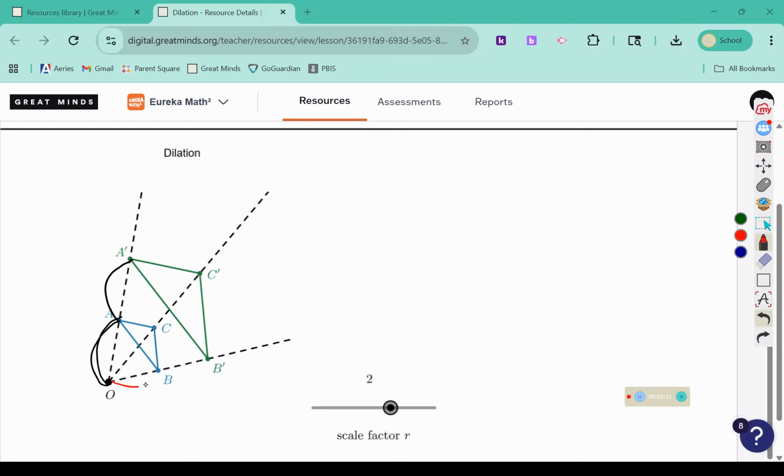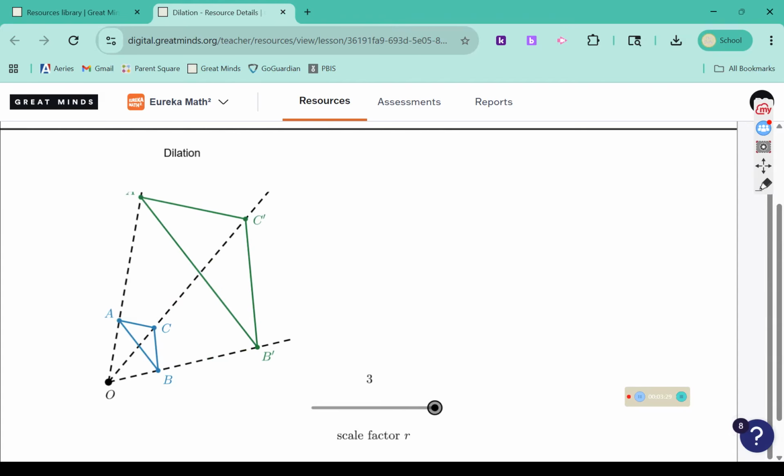The distance from O to B is doubled to get to B prime because we have that scale factor of 2. If we wanted a scale factor of 3, we would triple that distance. If we wanted a scale factor that was smaller than 1, like a half, for example, we would take that distance between O and B and split it in half to find the location of B prime.